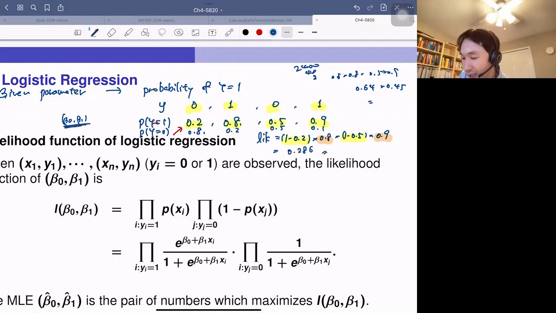Then we change these values and calculate the likelihood again. When the likelihood is largest, we can determine the best beta naught and beta 1.